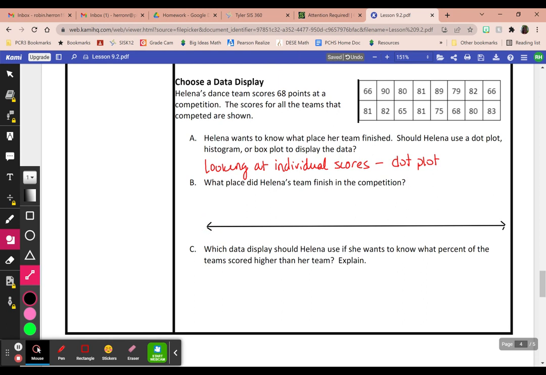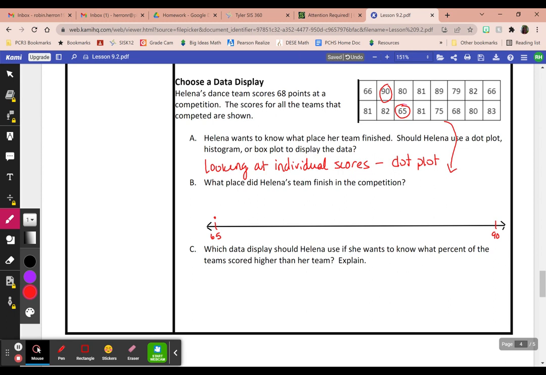The smallest one is 65 and the biggest one they give us is 90. So your dot plot needs to go from 65 all the way to 90. Now, once you do that, remember, you just put a dot above each one of the numbers that you have listed up here in your chart. So this goes with this one down here.